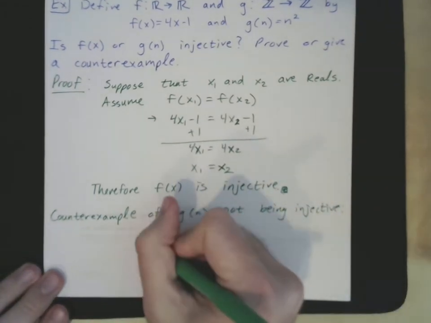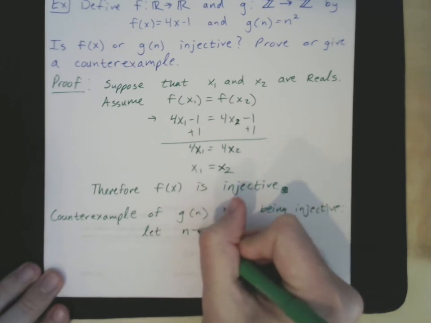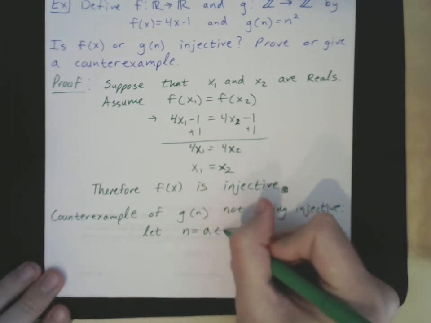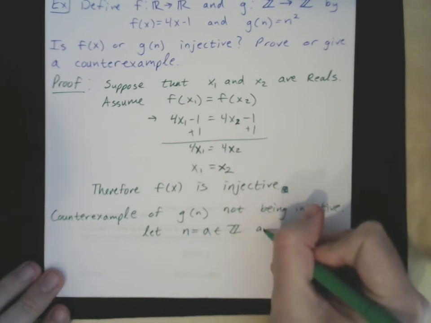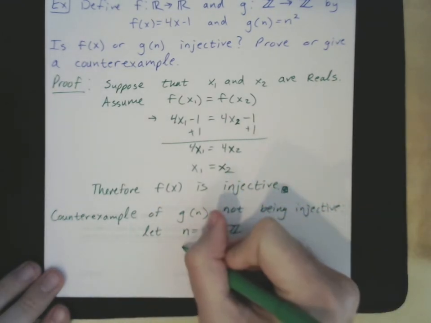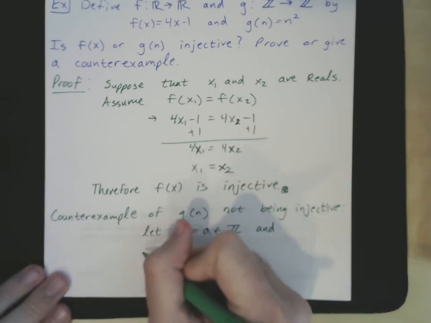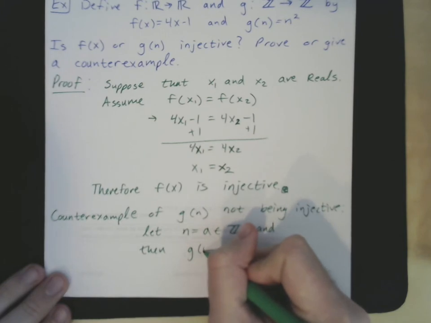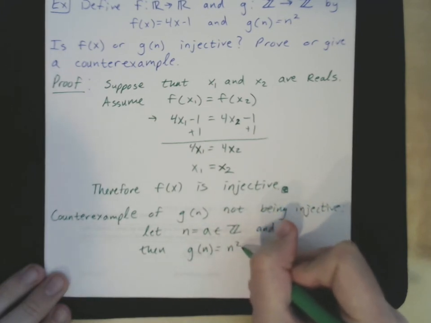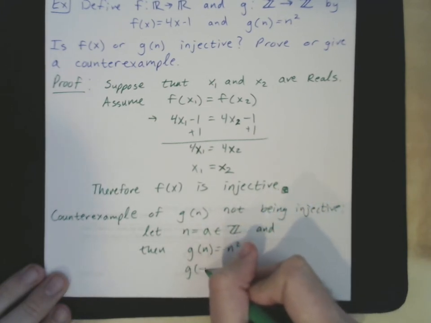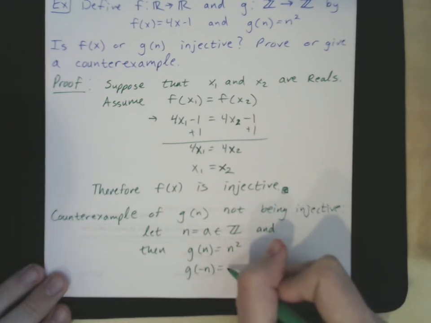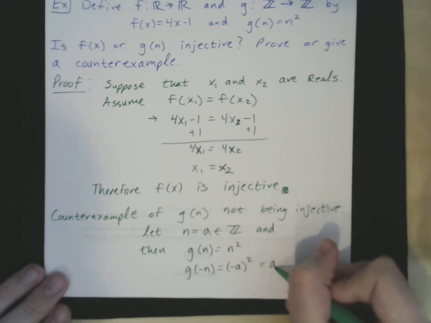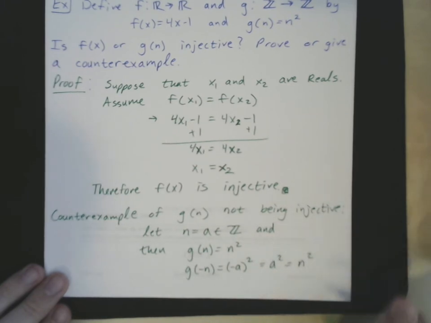Well, let n equal a, any integer, and then we know that g of n equals n squared, and g of negative n, well, that's negative a squared, which equals a squared, which equals n squared.